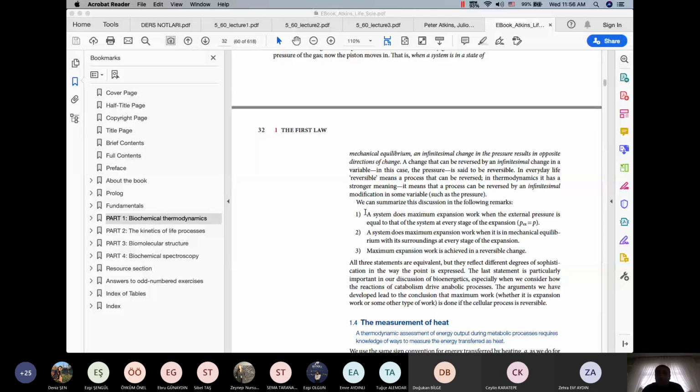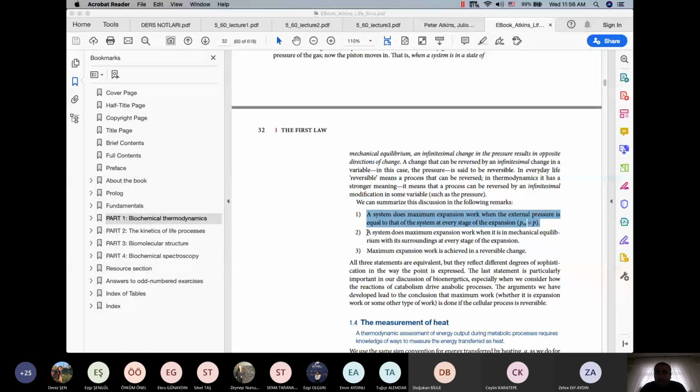So we can summarize this. A system does maximum work when the external pressure is equal to the system's pressure at every stage of the expansion, which is what we call a reversible process.